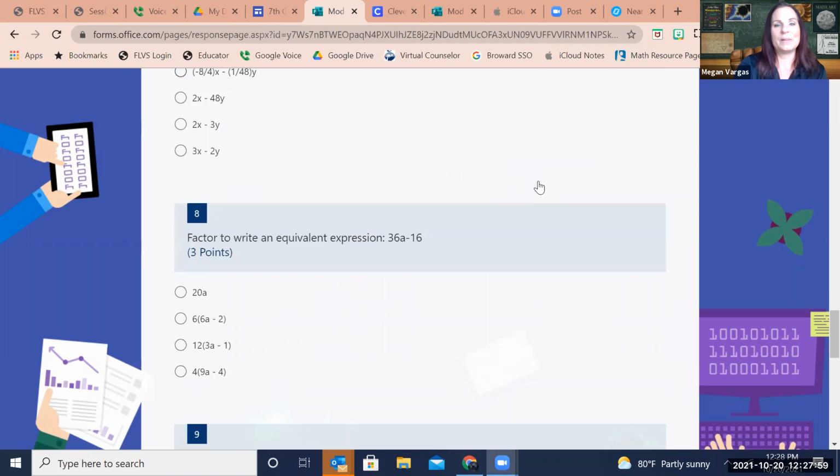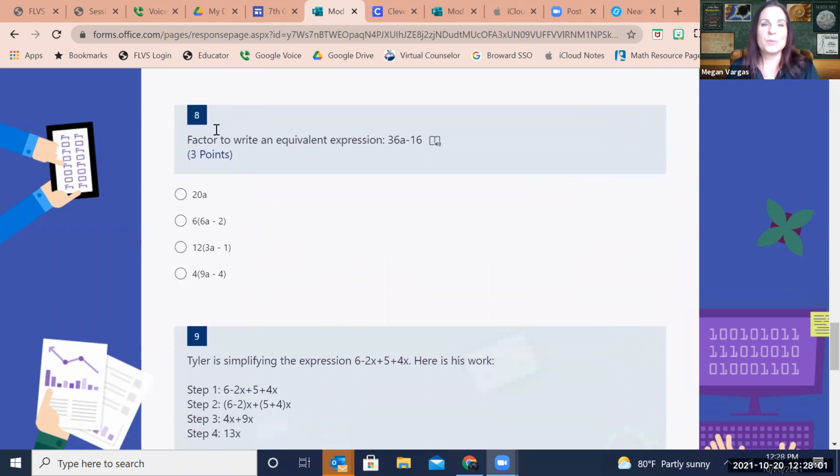All right, let's keep going. This also goes back to last week. So last week we did factoring, right? So we have 36a minus 16. Someone tell me a number that goes into both 36 and 16. Tell me in the chat. What goes into 36 and 16?